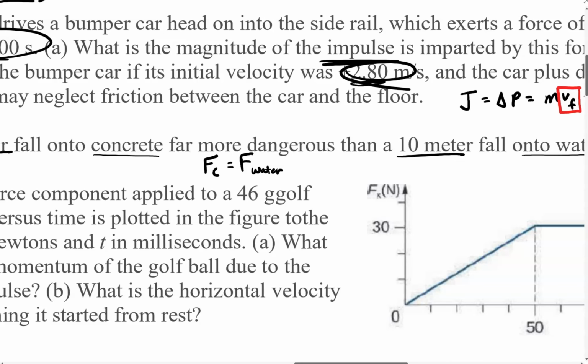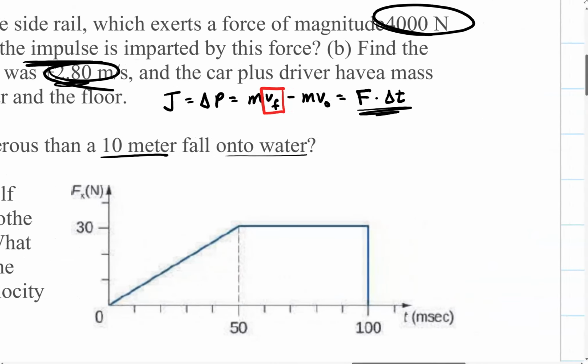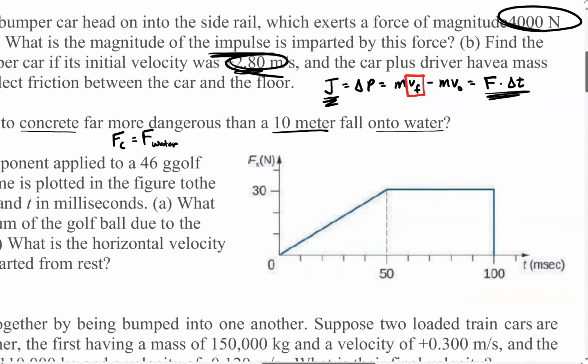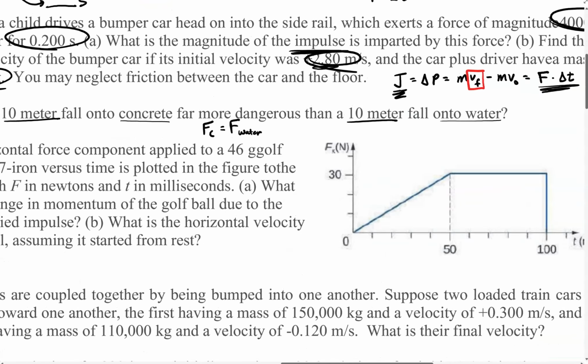So it's not that the force is any different, but think about how the impact goes when you hit concrete versus when you hit water. Part of our discussion this week has been how force and time are related and how those combine together to create a new quantity. Which one's going to create more of this impulse, and which one's going to create less impulse? And is it a good thing to have a big impulse or small?